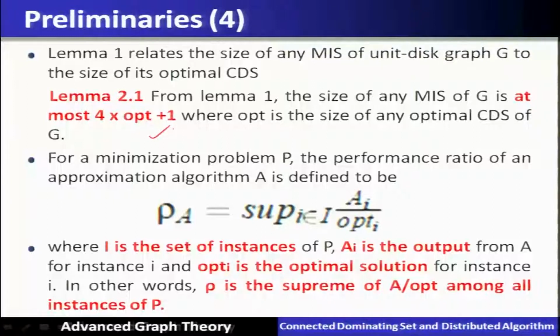Now here we will show that for the minimization algorithm, the approximation is a performance ratio, which is the supremum of this particular factor ai upon opt of I. That means ai is the output size of the CDS and opt is the optimal size for that particular problem instance I. So for all instances of the problem we have to find the supremum, which becomes the approximation algorithm guarantee or the performance ratio.